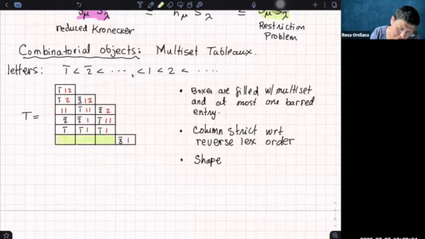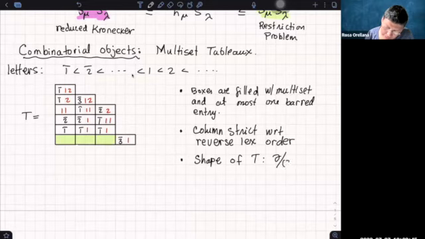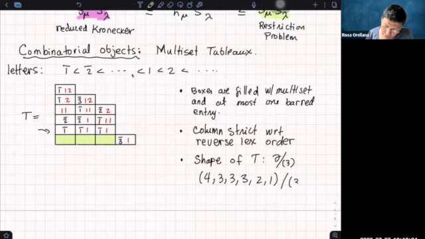So the shape of T is always going to be equal to some gamma, where you are removing the number of boxes, in this case 3, because the second row is length 3. And in our case, this shape is 4, 3, 3, 3. You just read the lengths of the rows and you skew by the second row of the diagram.